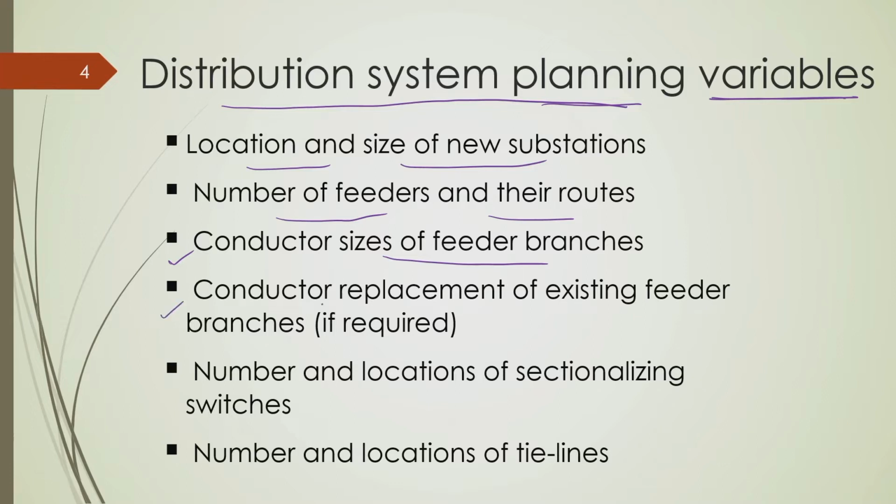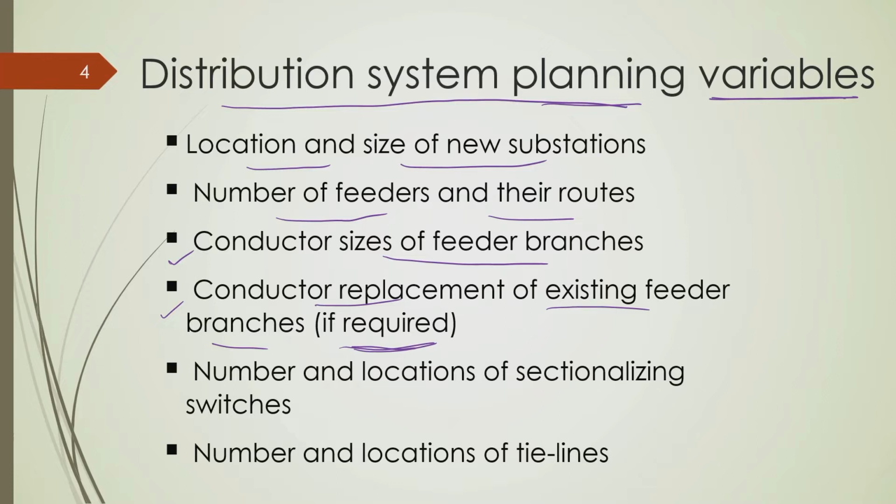Also, conductor replacement of existing feeder lines or feeder branches if required. This is another decision which we need to determine through this distribution planning approach, that is, which distribution line sections need conductor replacement.